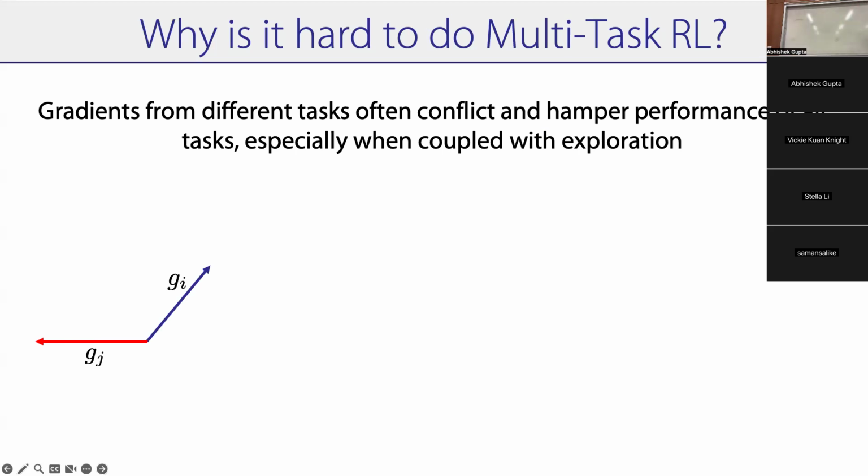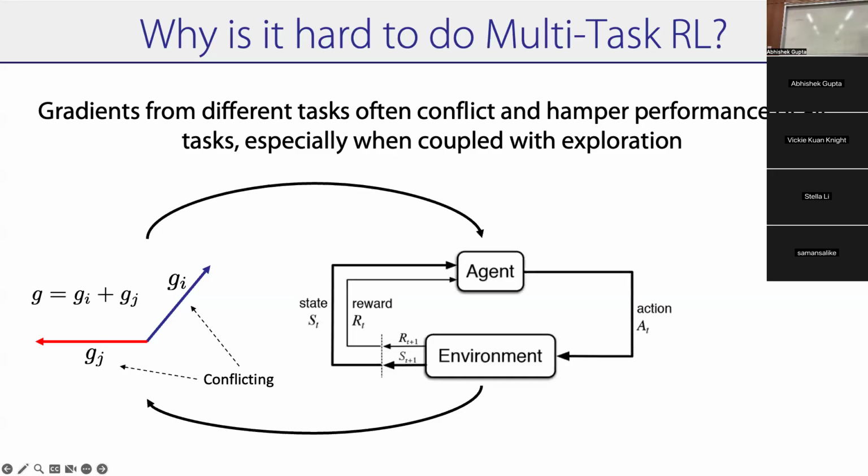You can see that moving along Gi goes in the opposite direction to Gj, right? So you'll see that these two things are conflicting. And when this is paired with this online data collection procedure, it does really, really poorly, right? Because you fall into a local minimum.